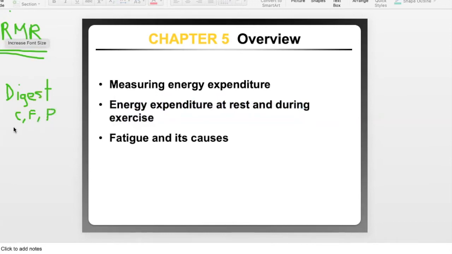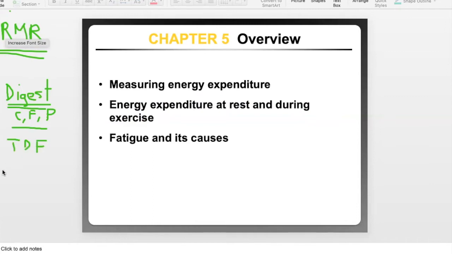If all of these substrates are going to be moving through your gastrointestinal tract, that's going to require energy. And that's called the thermodynamic effects of food, sometimes abbreviated.